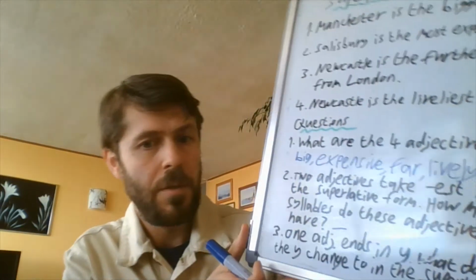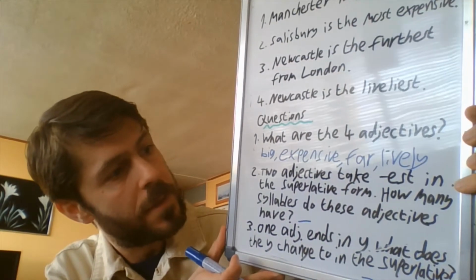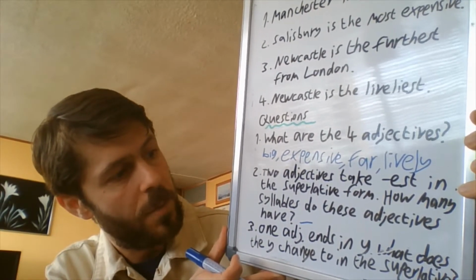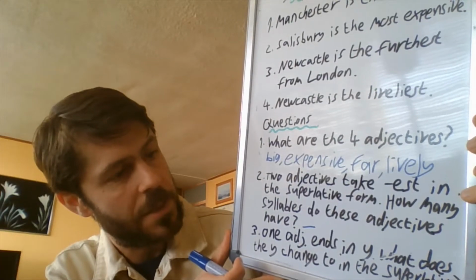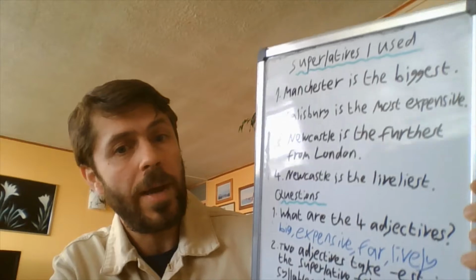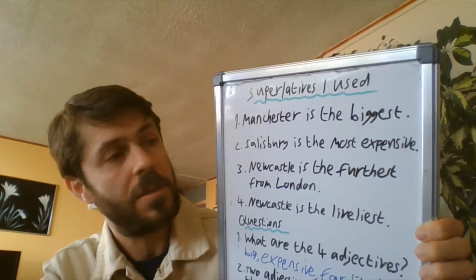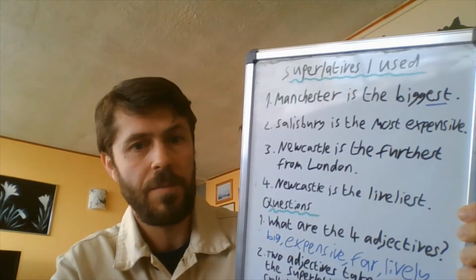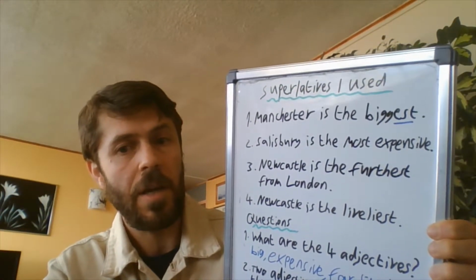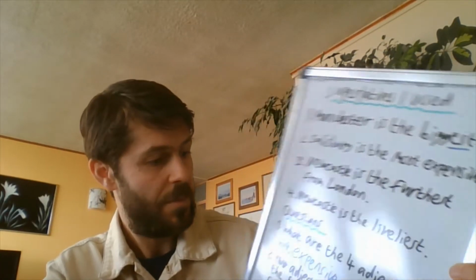Now, two adjectives take est in the superlative form. How many syllables do these adjectives have? Well, we had number one, Manchester is the biggest. Est. The adjective is big, syllables one.